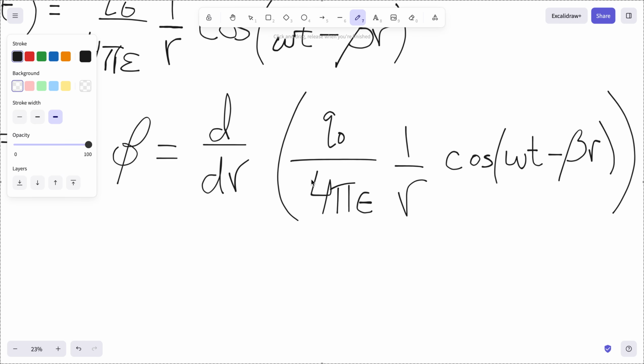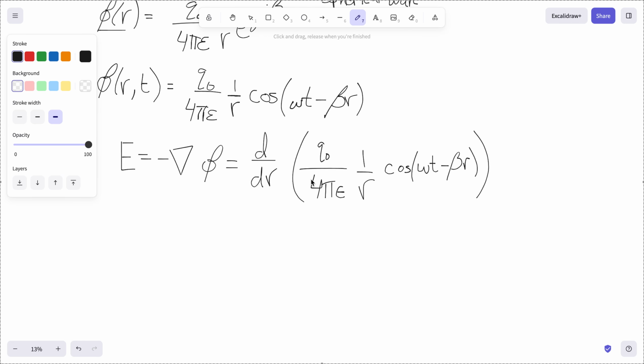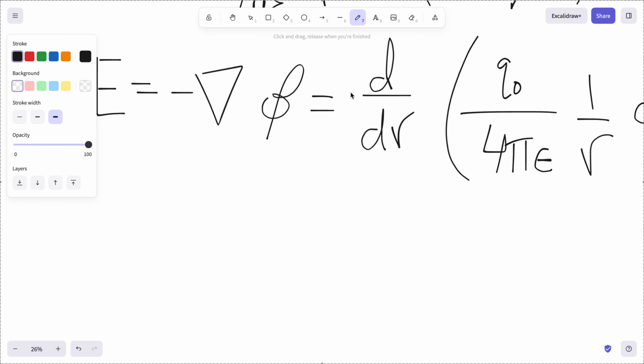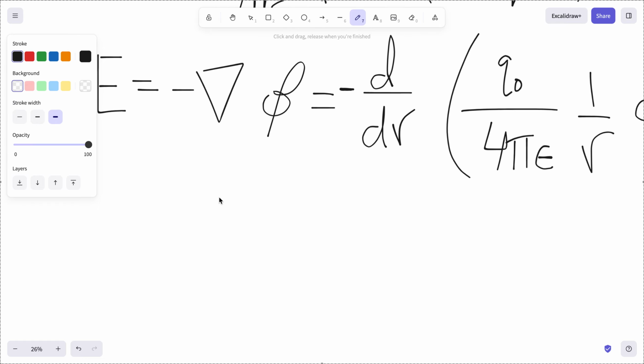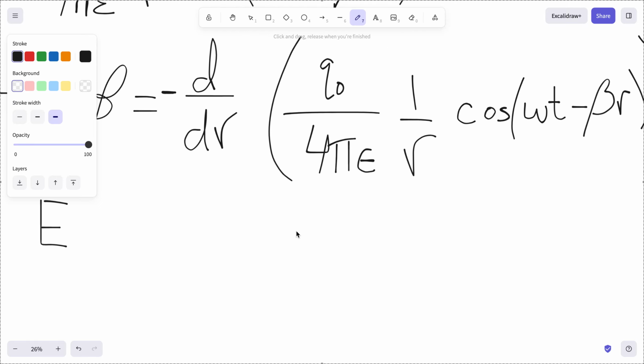And if you take the derivative of this, you will get the electric field, which I will not take the derivative of, but if you want to, you can, and you can figure out what the electric field is from there.